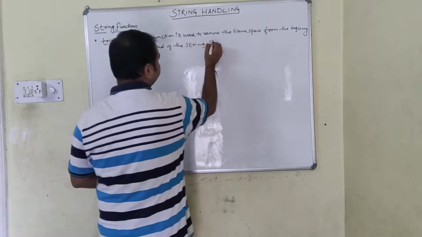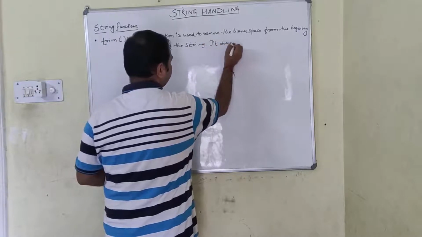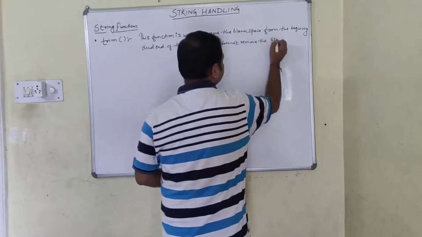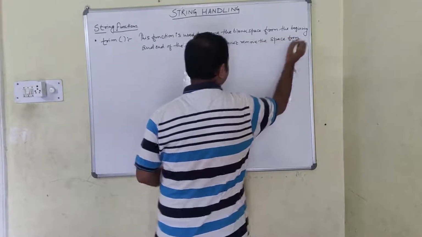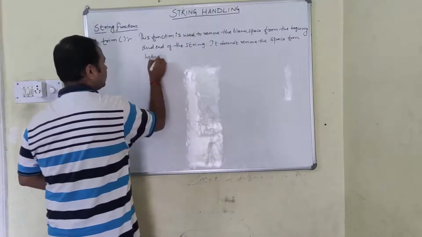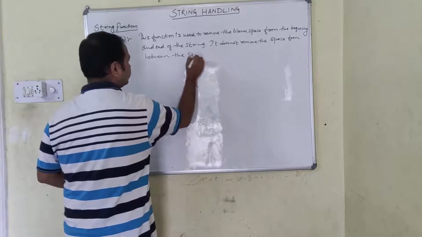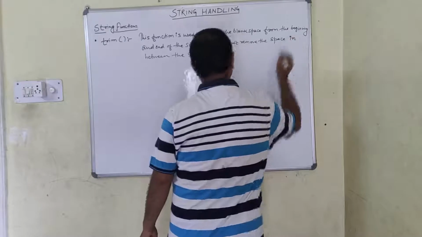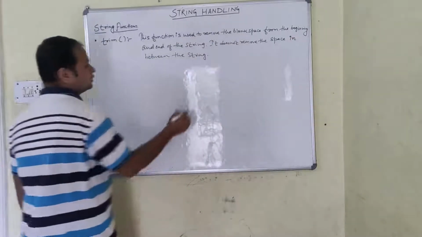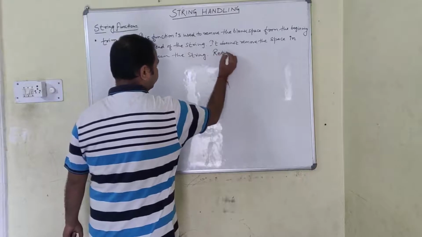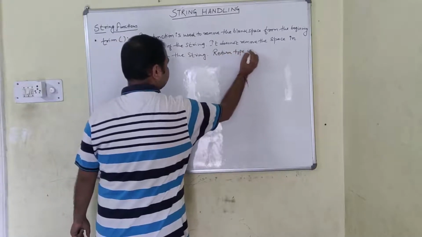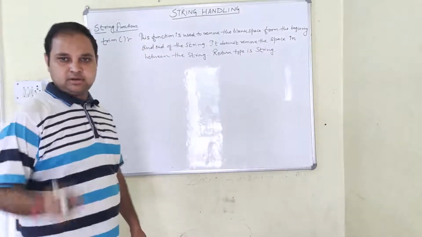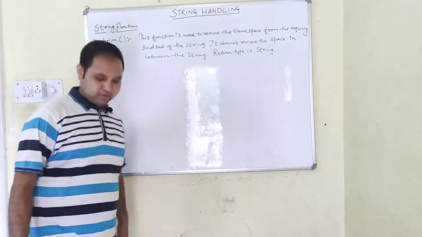Okay, it does not remove the space from between the string, or we can write from in between the strings. Now the return type is a string. Why is it coming as a string? Because after removing the space, the net output will be the string only.